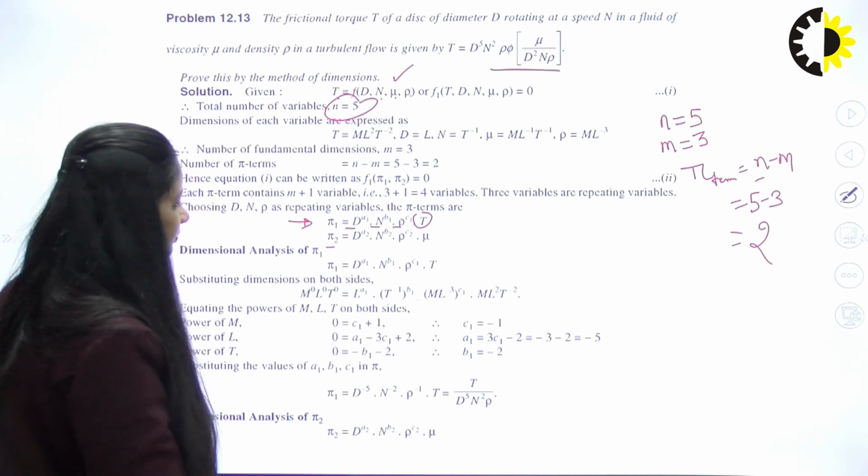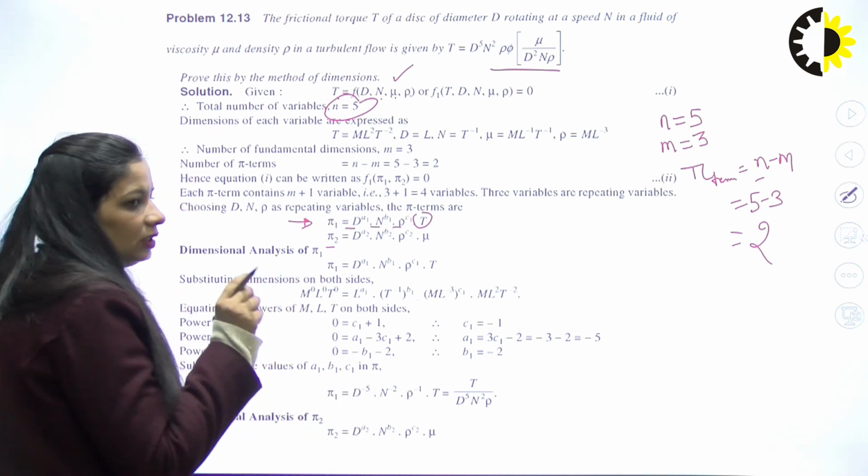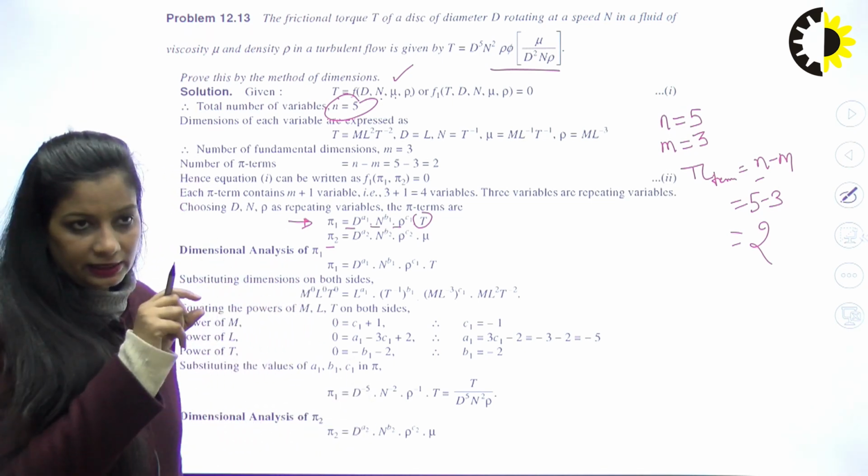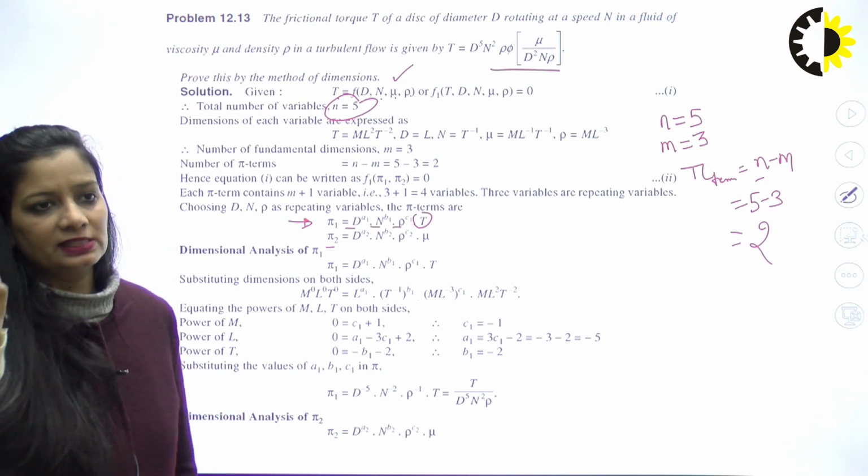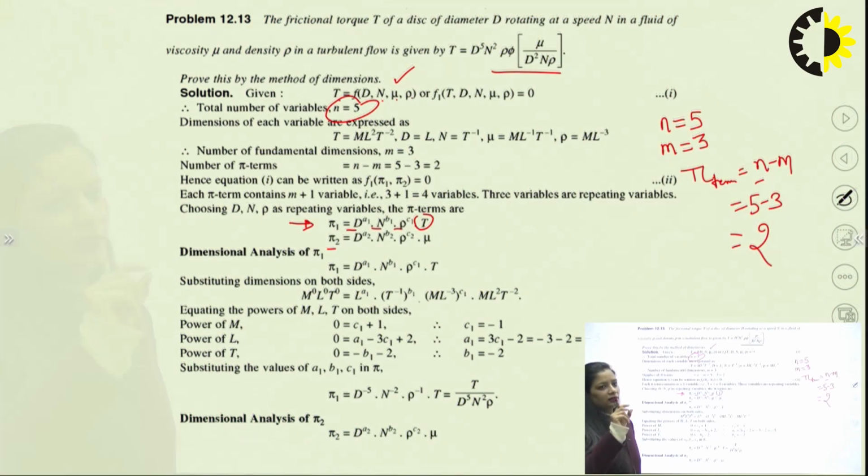And you need to remember how you are writing the exponents, a1, b1, c1, d1. That a1 series should be in pi 1, a2 series should be in pi 2. We need to formulate all this pi 1, pi 2, pi 3 in a particular and correct manner.